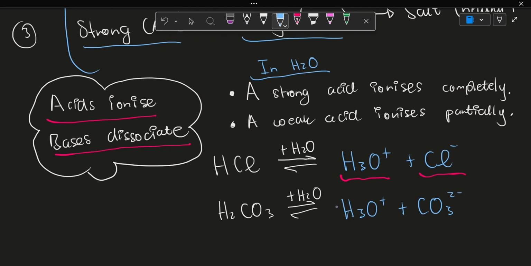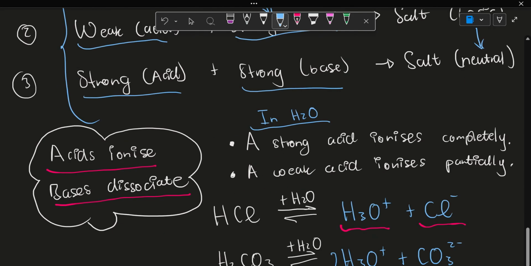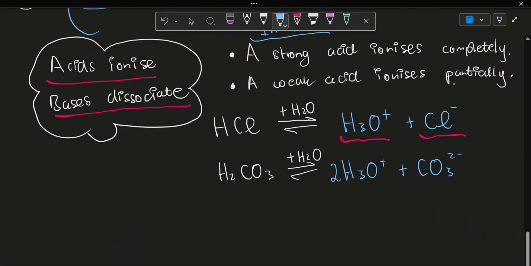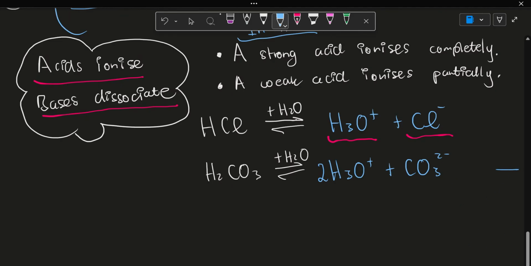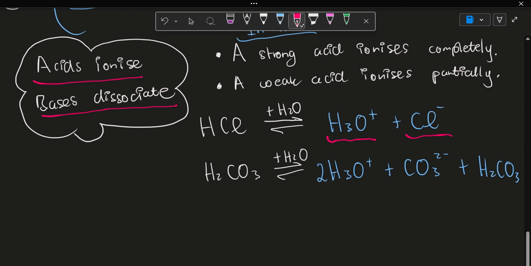But also, if I might remember, there's two of that, so I should have two hydronium ions. But in my solution, I will not only have those particular ions, but I would also have H2CO3. Now, why is that?